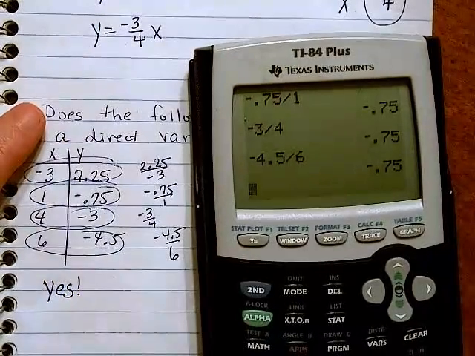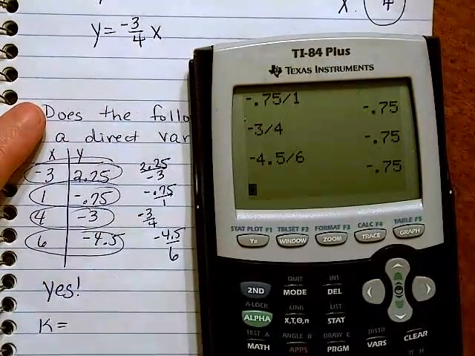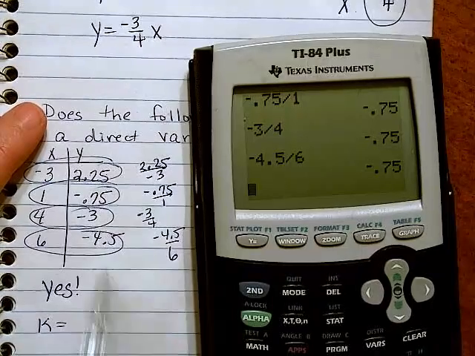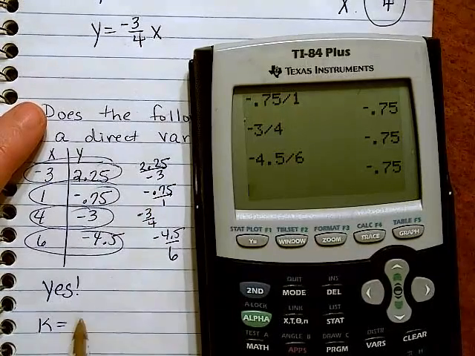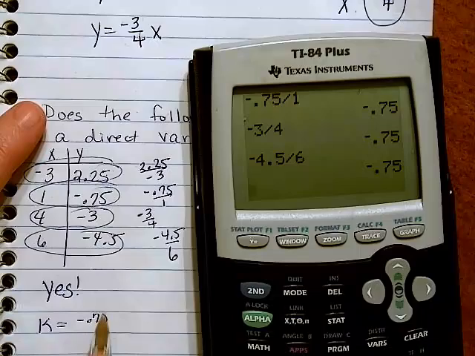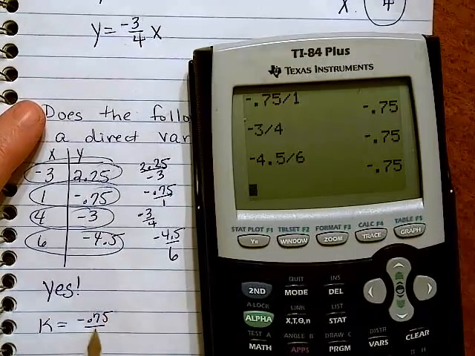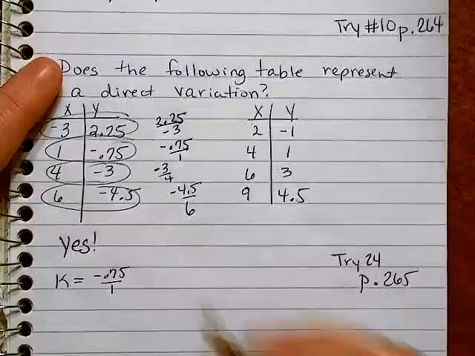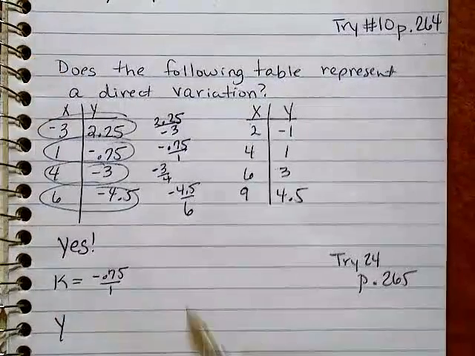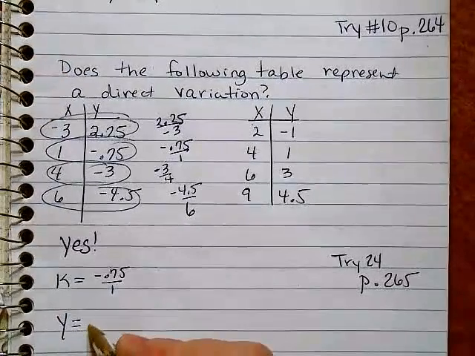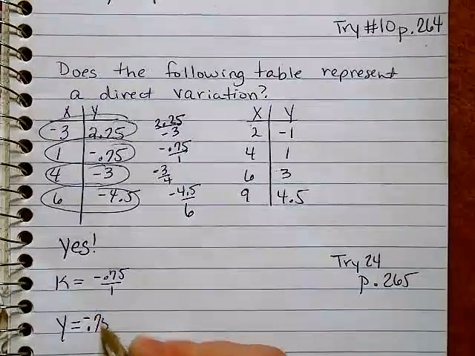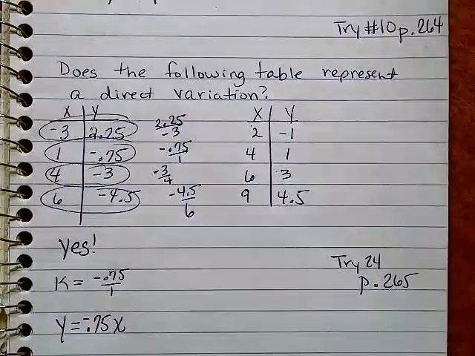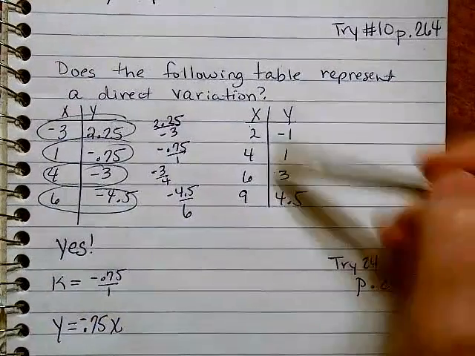Yes. And do you know what the k value is? It's that same ratio you've been getting all the way through. It is negative 0.75. If you want to write it over 1, you can, or you could just leave it negative 0.75. So you actually could go ahead and write this equation, y equals negative 0.75x.